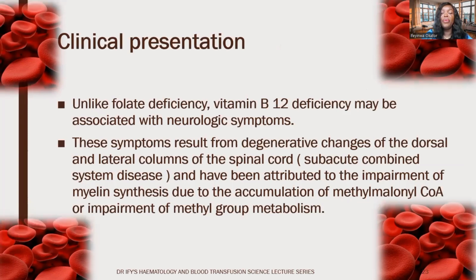Unlike folate deficiency, like I said earlier, B12 deficiency is associated with neurological symptoms. These symptoms result from degenerative changes of the dorsal and lateral columns of the spinal cord, that is subacute combined system disease, and have been attributed to the impairment of myelin synthesis due to the accumulation of methylmalonic CoA or impairment of methyl group metabolism.